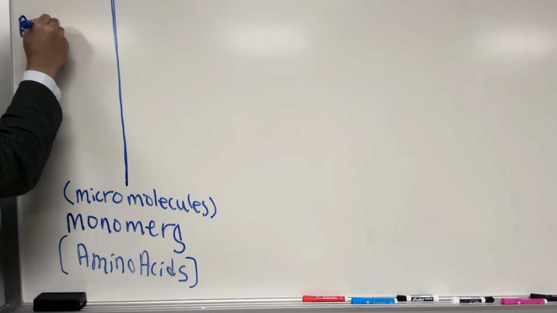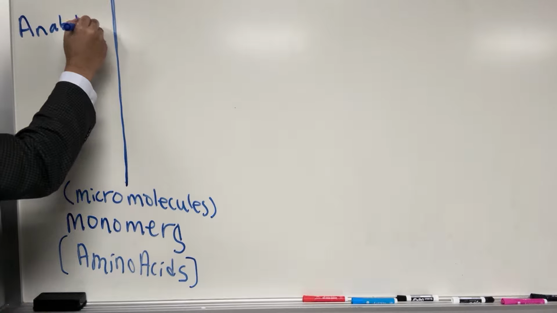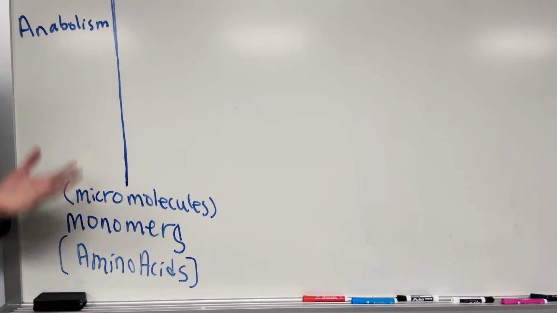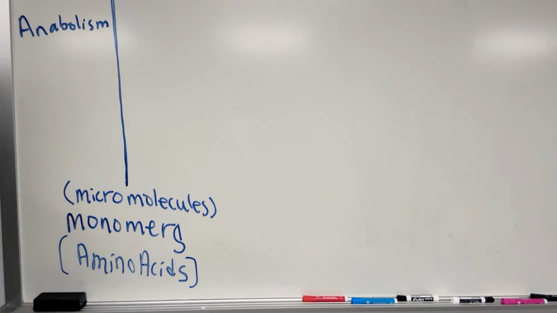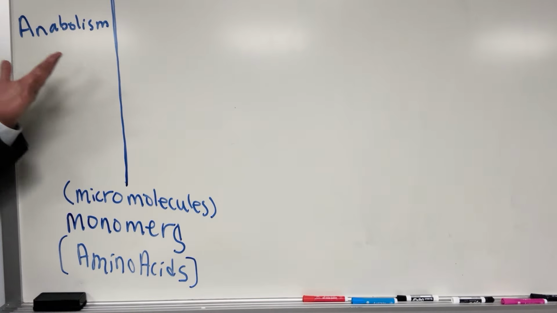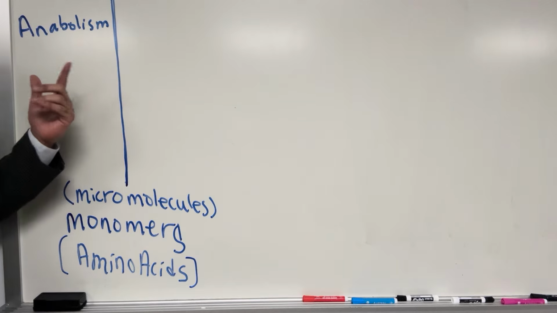Excellent. So we have built up. And what's the usefulness of anabolism? Why do we always anabolize? We anabolize for storage. You build things up, you package things because you want to store them. You don't package things that you want to use, you package things that you want to store. So we package the monomers, the amino acids, in order to get the macromolecules, the polymers.